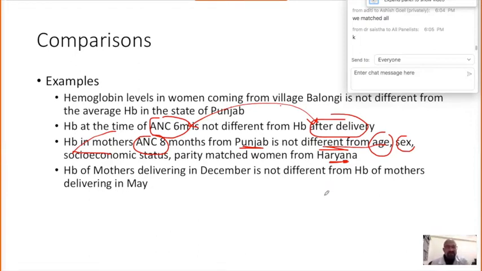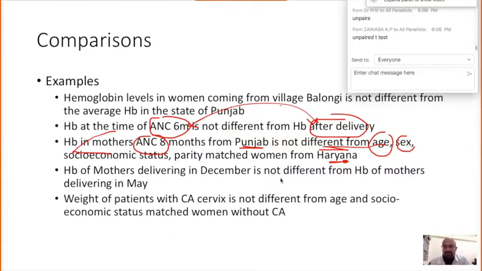If there is any difference between the time, which kind of test would we use? Yeah, this time you're correct. Everyone says unpaired t-test. Absolutely, we are going to use unpaired t-test because there is no relation whatsoever between those mothers who delivered in December and those who delivered in May.